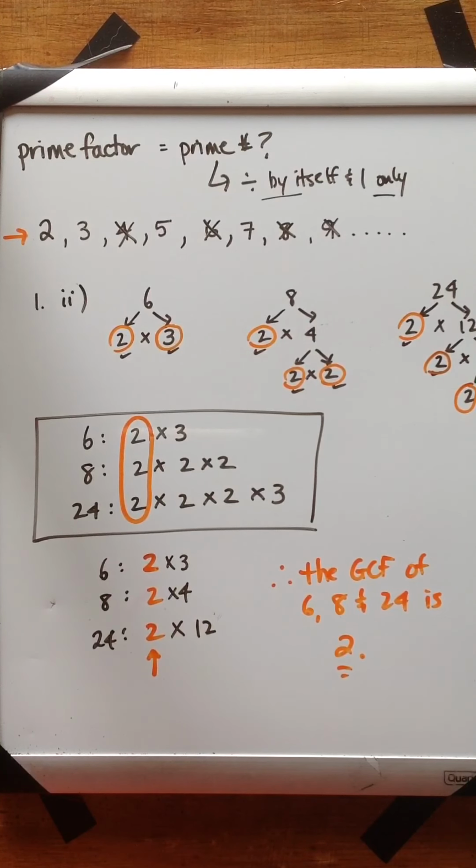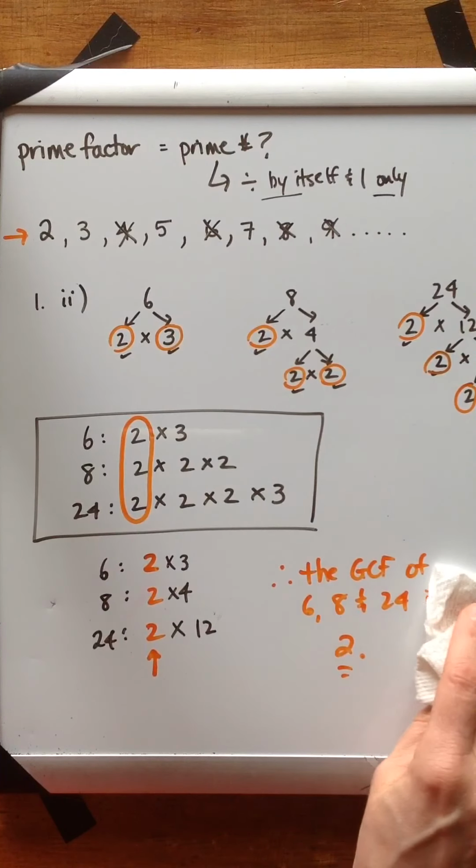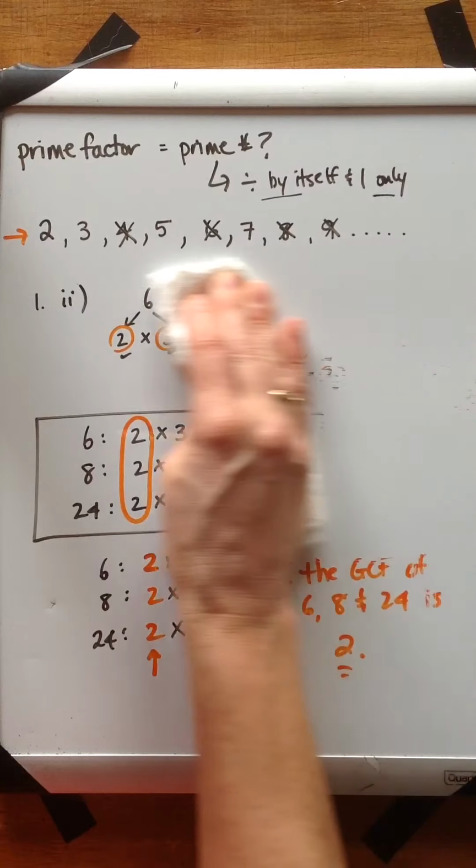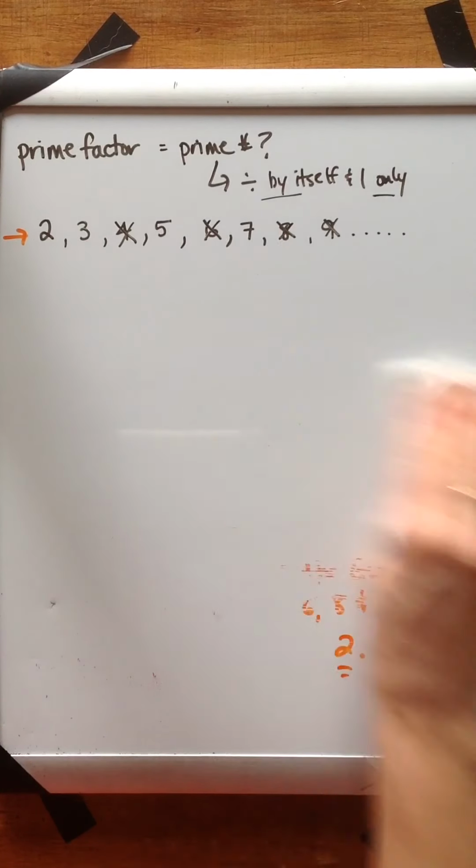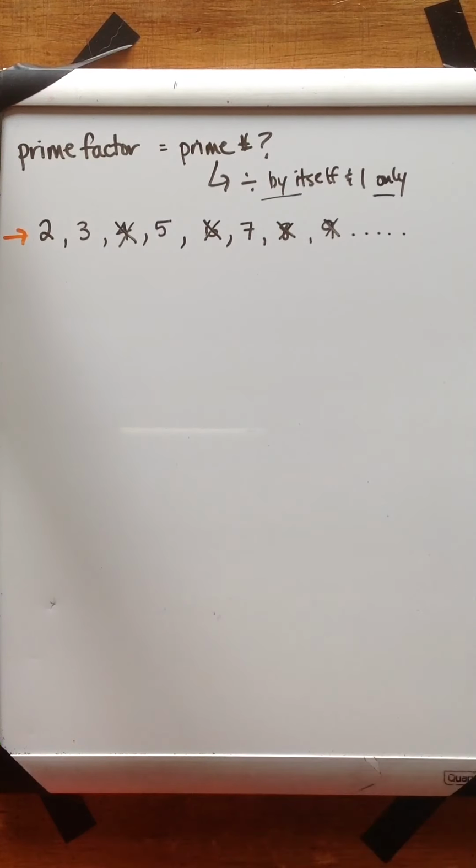Okay. Let's get away now from just looking at prime factorization of numbers, and let's see if we can do some prime factorization also of powers and of variables as well. I'm going to leave that up there so that we can refer to it in our further examples.